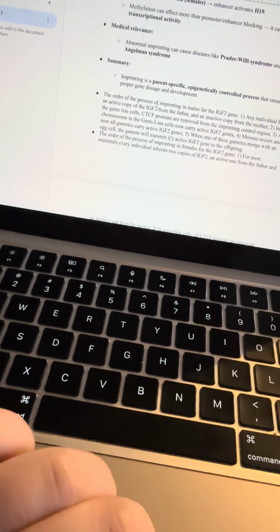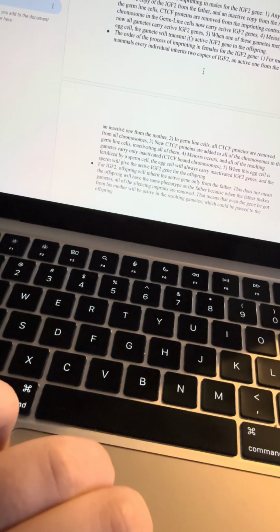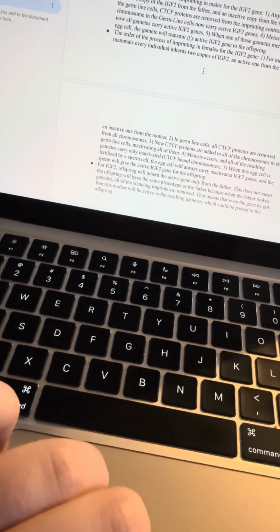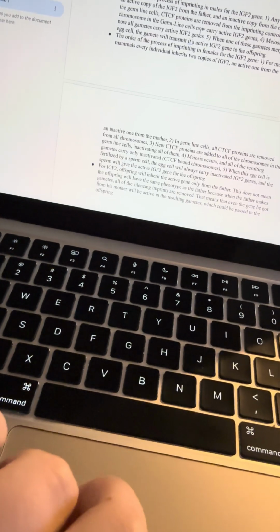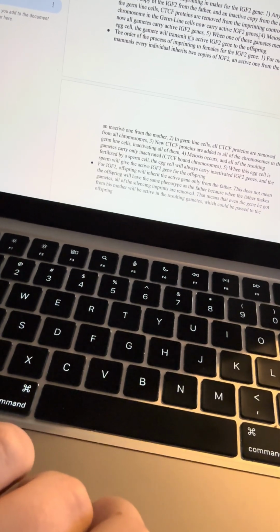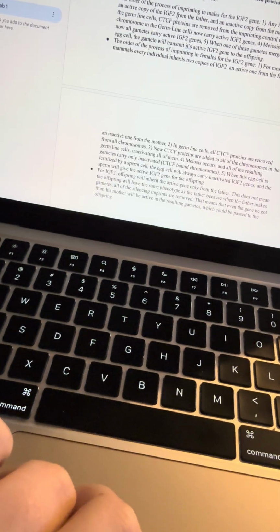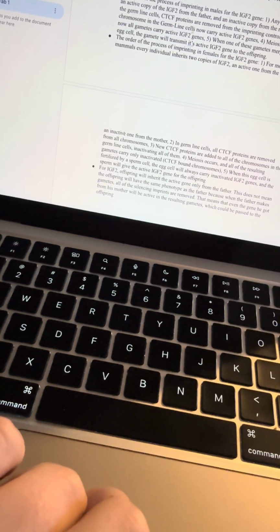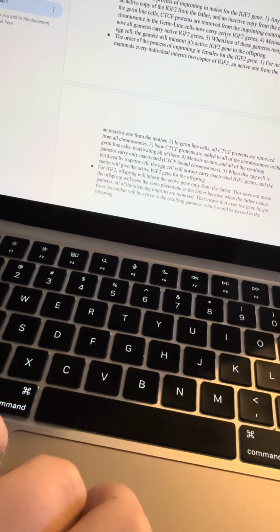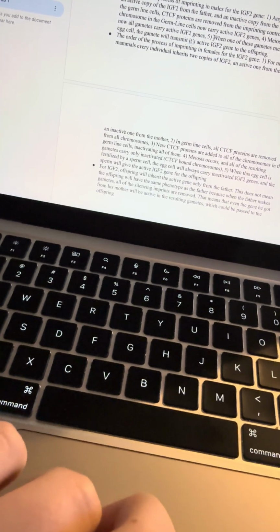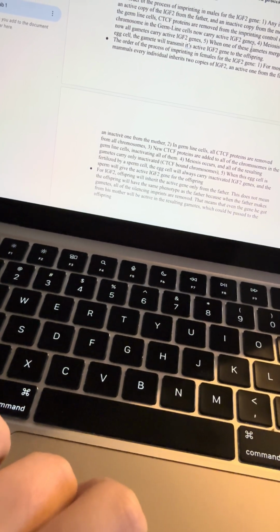The order of the process of imprinting in males for the IGF2 gene. 1. Any individual has an active copy of IGF-2 from the father and an inactive copy from the mother. 2. In the germline cells, CTCF proteins are removed from the imprinting control region. 3. All chromosomes in the germline cells now carry active IGF-2 genes. 4.